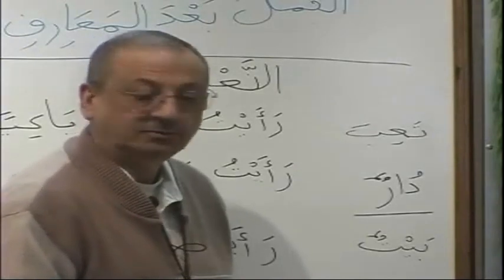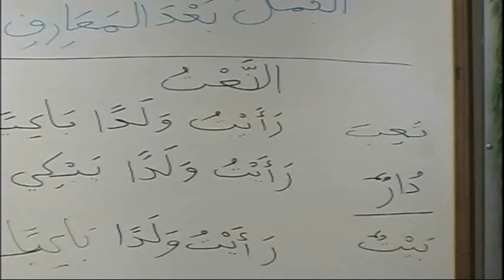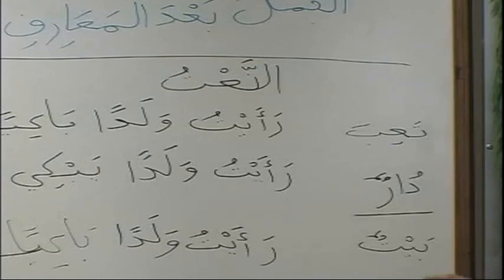Darus Salam is from here, the house of peace. But the darun is muannas, baitun is muzakkar. There is a difference. Even though they both mean house, when you use darun, it is muannas. When you use bait, it is muzakkar.